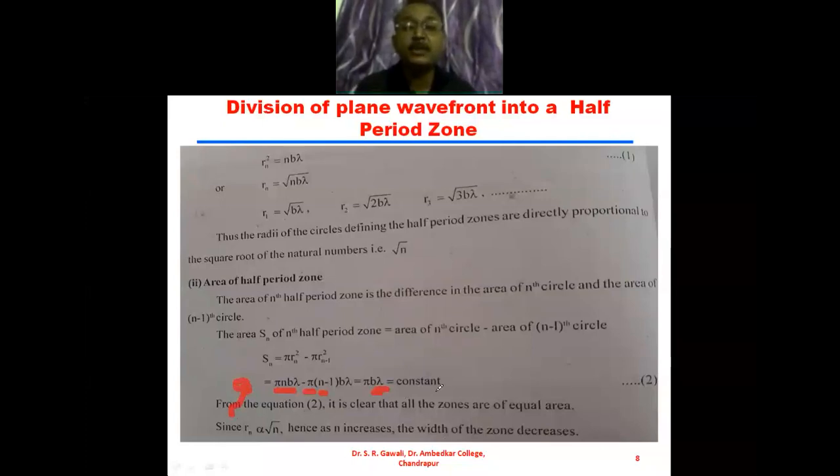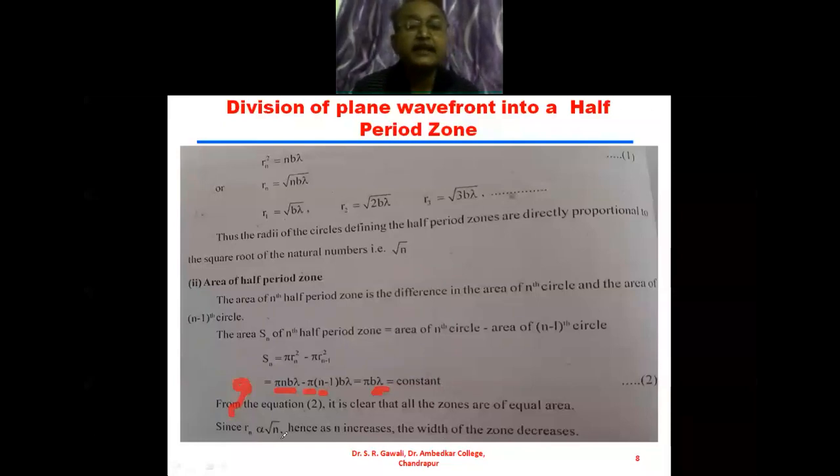So from equation 2, it is clear that all these zones are of equal area. The area of all the zones will be equal, whether it is a bigger circle or a smaller circle.